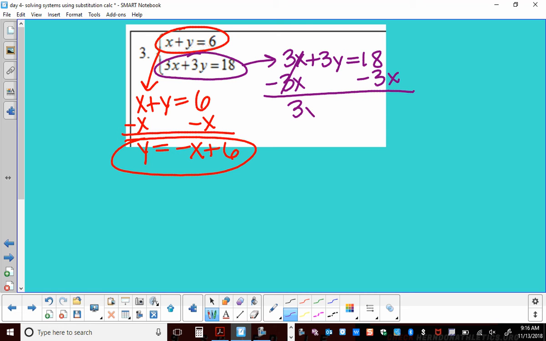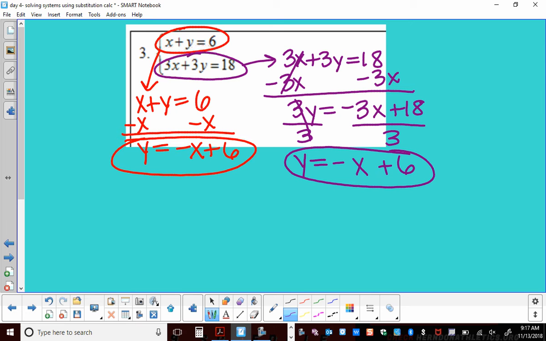I'm left with 3y is equal to negative 3x plus 18. Divide by 3 on both sides. I have y by itself. You can leave it like this and just put the top in parentheses divided by 3. Or you can reduce it. We have negative x plus 6.